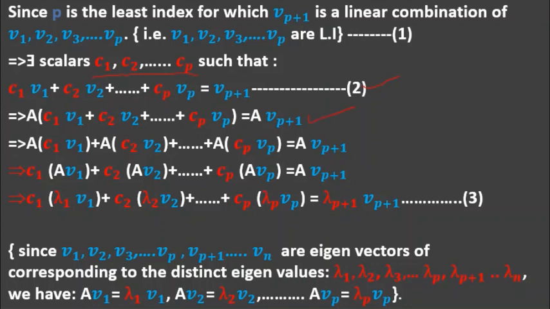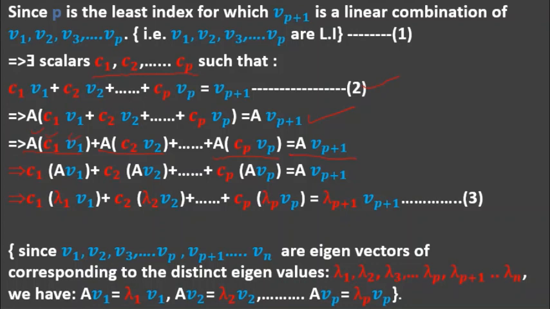On the other side, multiply A with each term: A into C1 V1 plus A into C2 V2 plus and so on plus A into Cp Vp is equal to A into Vp plus 1. Which implies, now here if you observe A into C1 V1, A is a matrix, C1 is a scalar, V1 is a column vector.